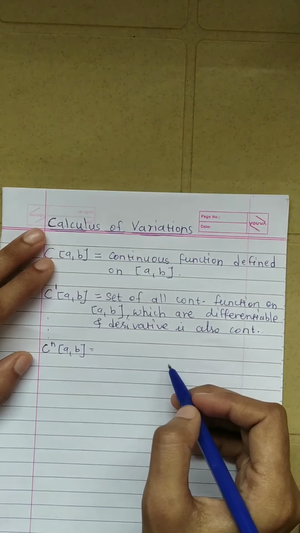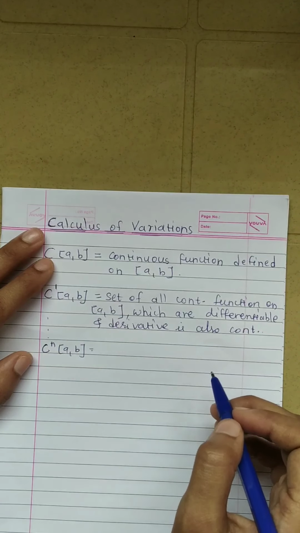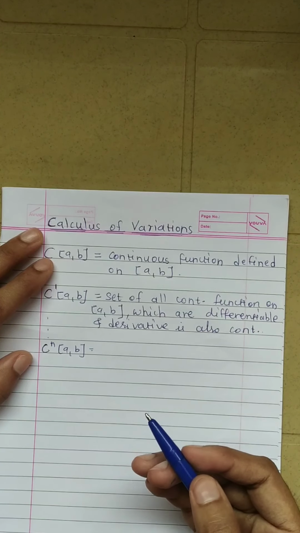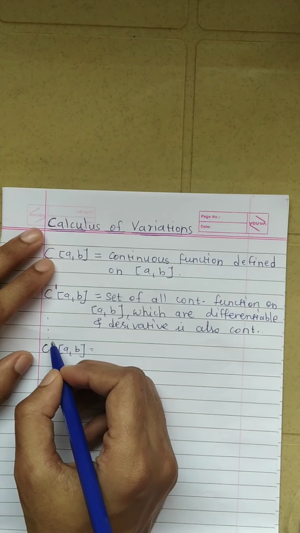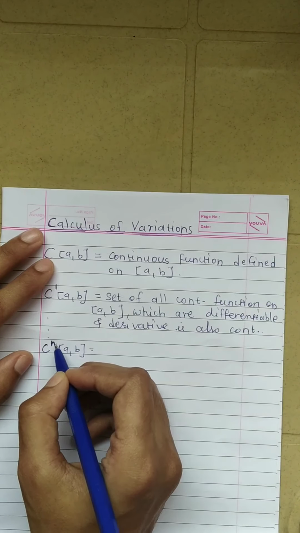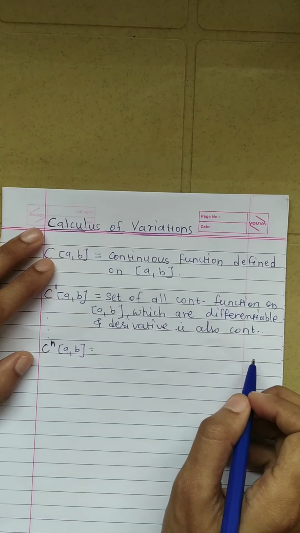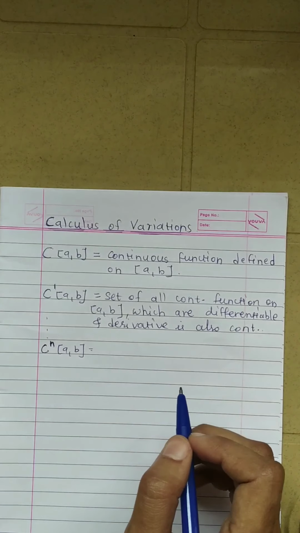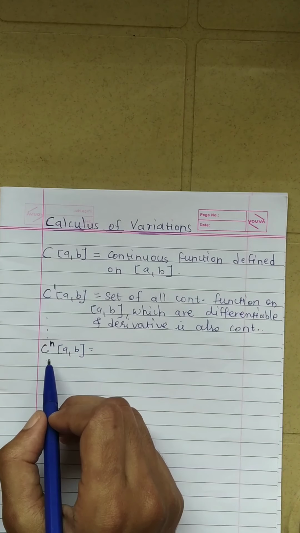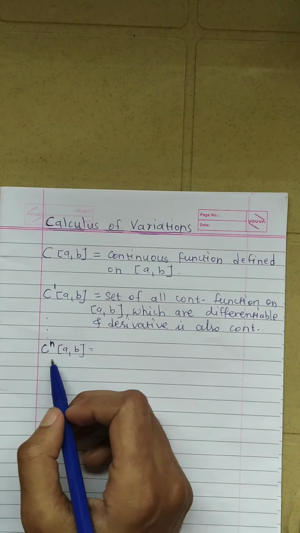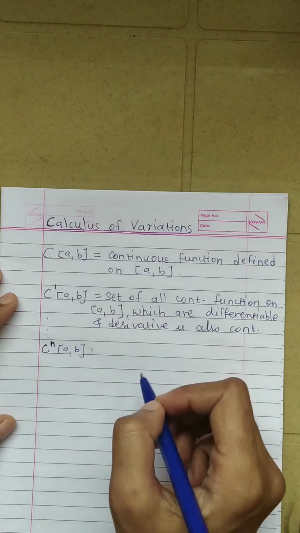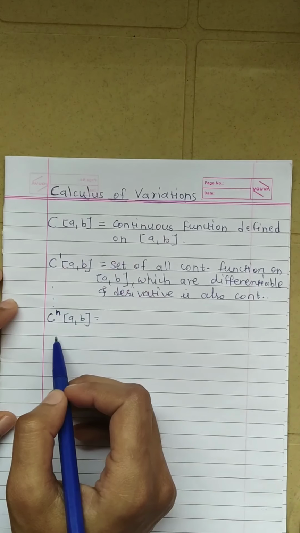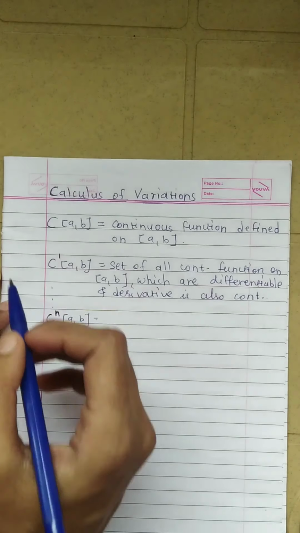When I say that n derivatives will be continuous, that means that the function is differentiable n times, that is clear. Okay, so then f and all its n derivatives will be continuous, and those functions fall in this class. So accordingly you can write it for this. So these are some of the notations that we might use when we talk about the functionals.